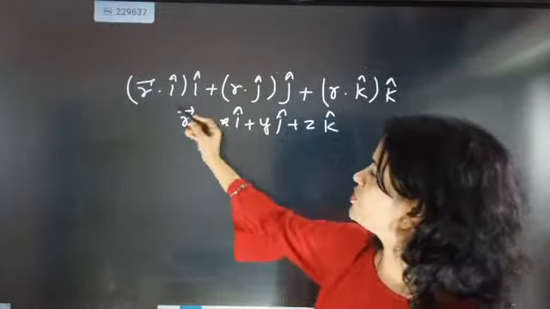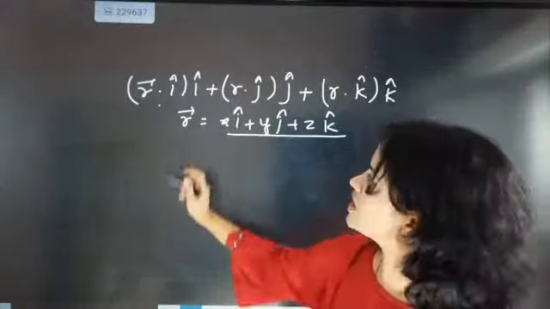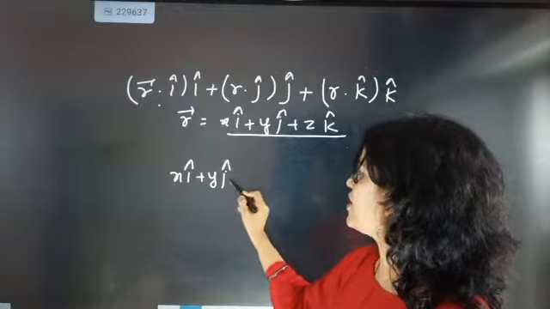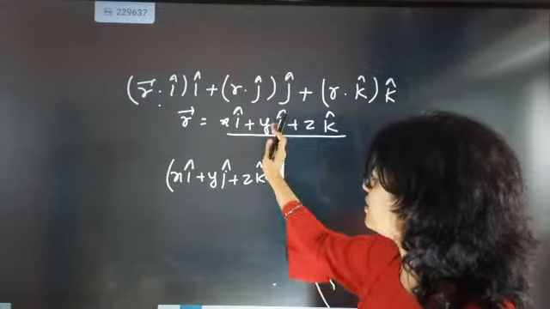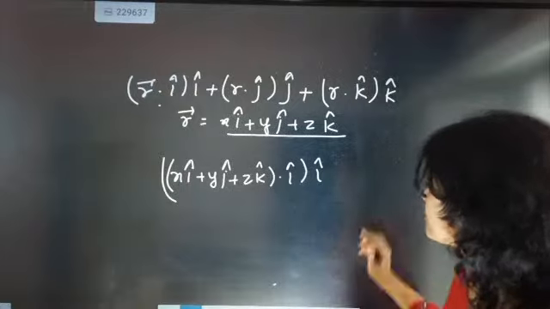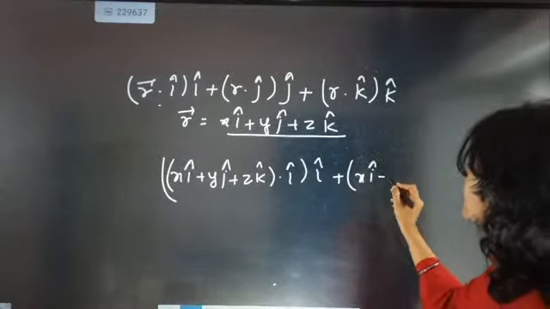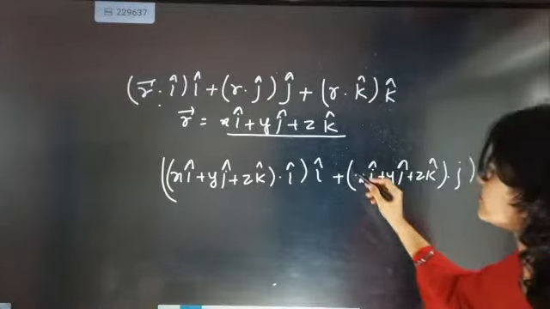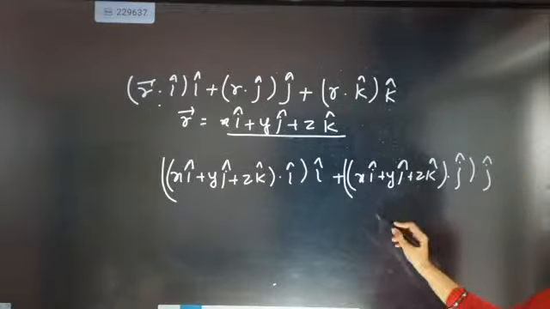Once you substitute, the r vector is xi plus yj plus zk, and then dot i is written, so this part multiplies into dot i, with i outside. The same thing for j: xi plus yj plus zk, dot j, with j outside.